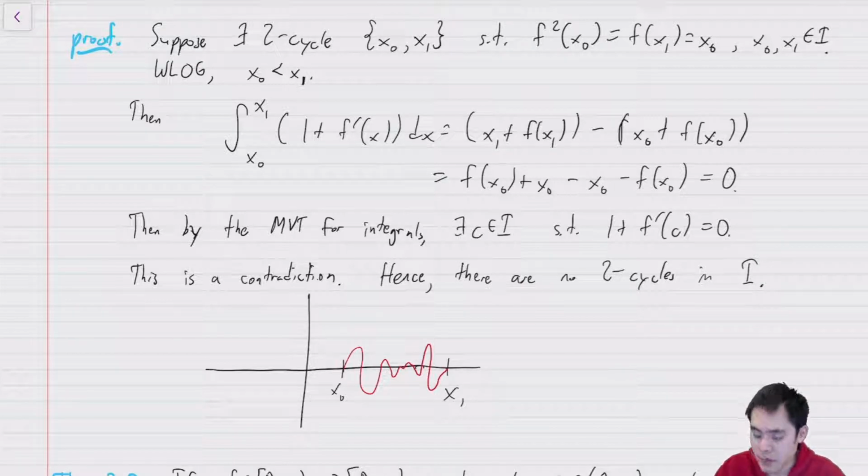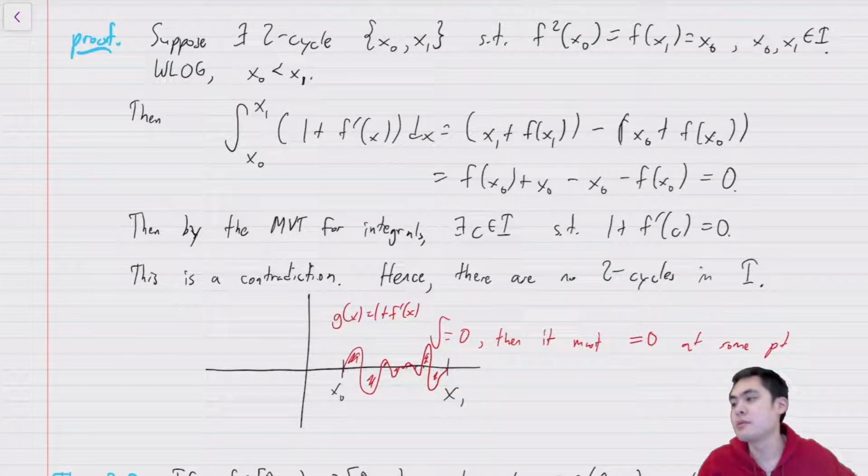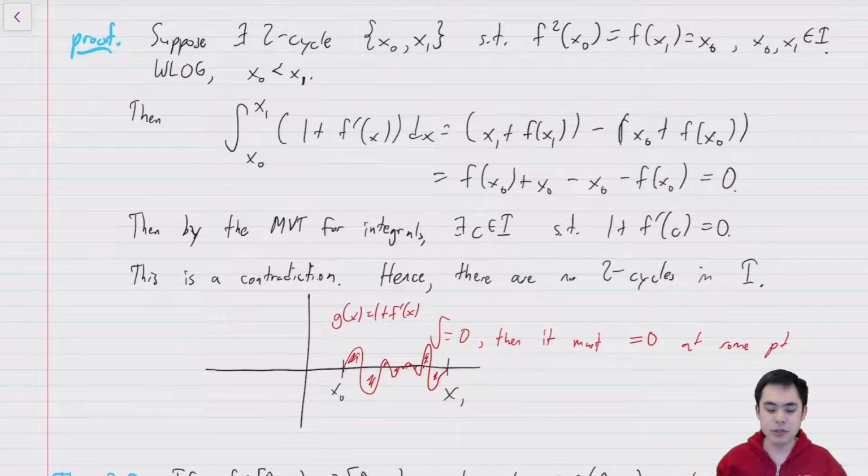If the integral of all that, so all this space, is equal to 0, well, this is some function g of x is equal to 1 plus f prime of x. So we're taking an integral. If the integral is equal to 0, then the function must be equal to 0 at some point. And that's a standard result from calculus.